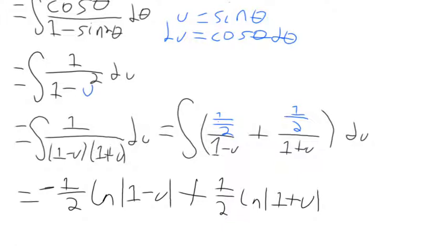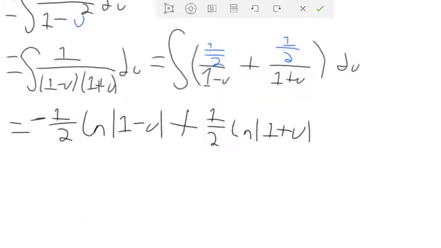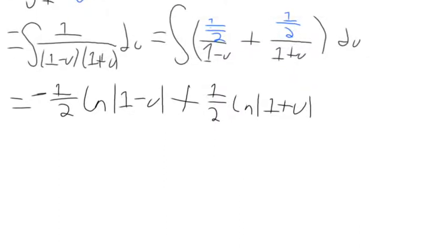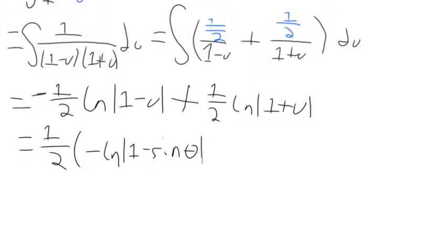And now I will put u back. u is sine of theta, so I will replace all these u's with sine theta. Actually, perhaps I will factor out the 1/2 from each term, so this is going to give me, let me put this down in the front here, 1/2 times negative natural log absolute value of 1 minus sine theta plus, and I factored the 1/2 out, natural log absolute value of 1 plus sine theta.